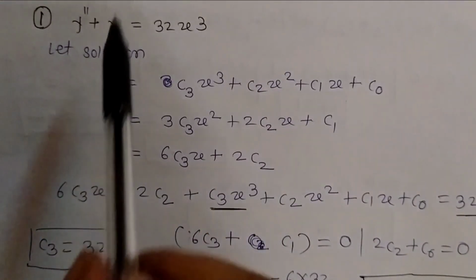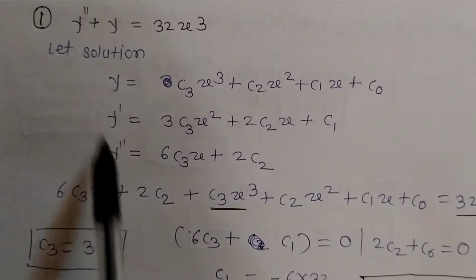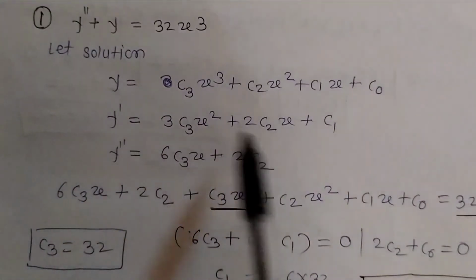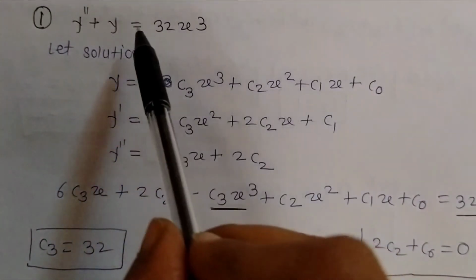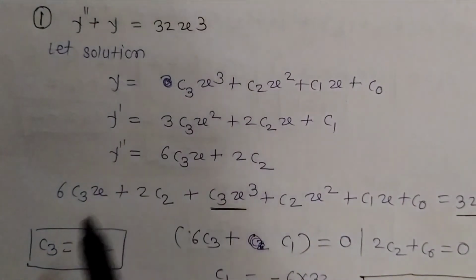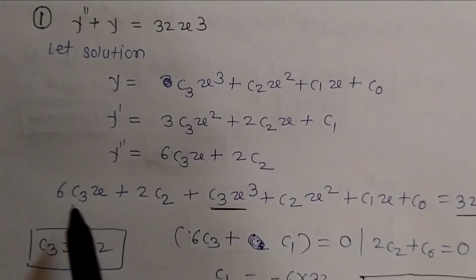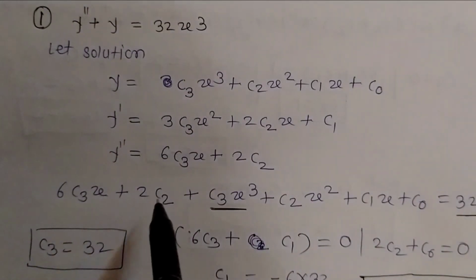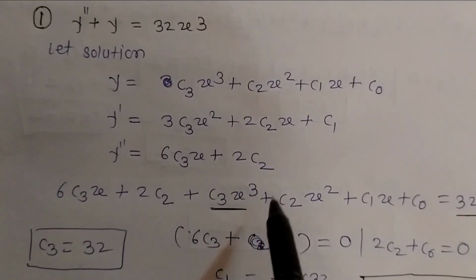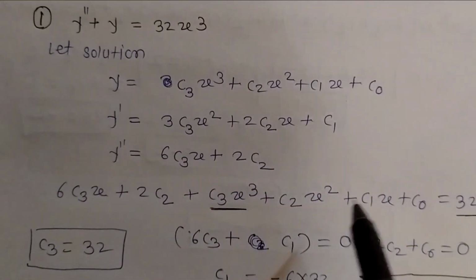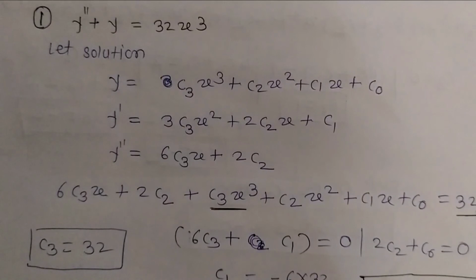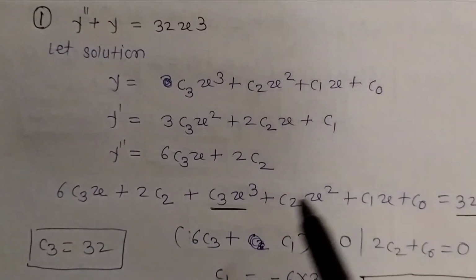Then we have to put y double dash value and y value and equate to 32 x cube. Then this is 6 c3 x plus 2 c2 plus c3 x cube plus c2 x square plus c1 x plus c naught is equal to 32 x cube.